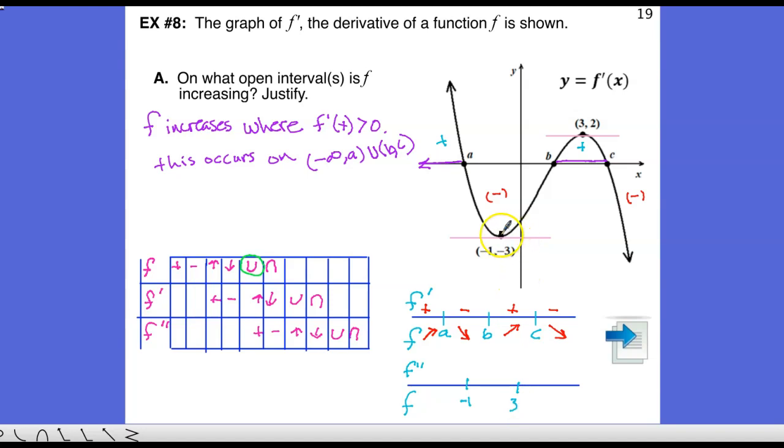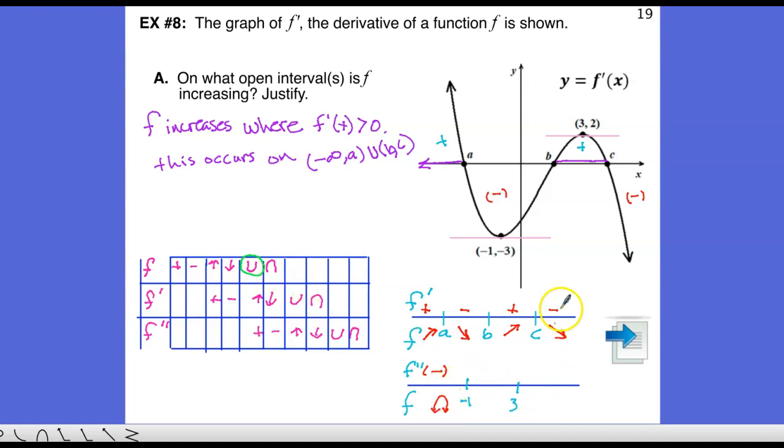So notice that to the left of -1, f prime is decreasing. So what happens when f prime is decreasing? Well, that means that f double prime is negative, and it means that f is concave down.